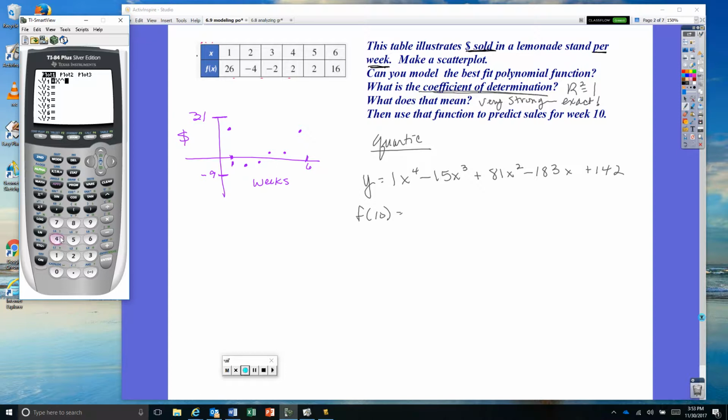X to the fourth minus 15x to the third plus 81x squared plus 142. Oops, minus 183x, I forgot.